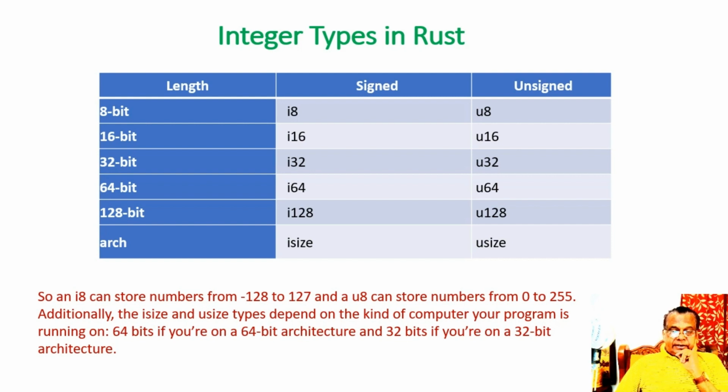Next, 16-bit, i16 and unsigned is u16. Again 32-bit, i32 for signed and u32 for unsigned. Then 64-bit, i64 for signed and u64 for unsigned. Again 128-bit, i128 for signed and u128 for unsigned.